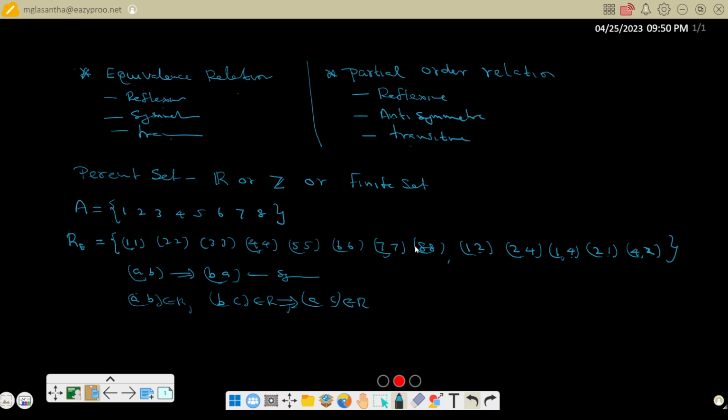You can take different elements. (4,2), (2,2), (2,4), (4,4), (4,2) is there. Now this is an equivalent relation. So you can partition this equivalent relation, right?